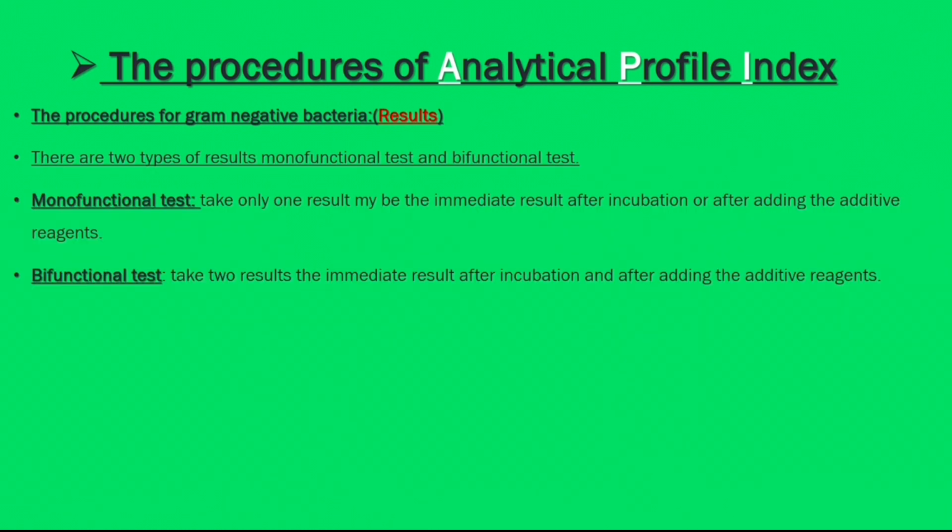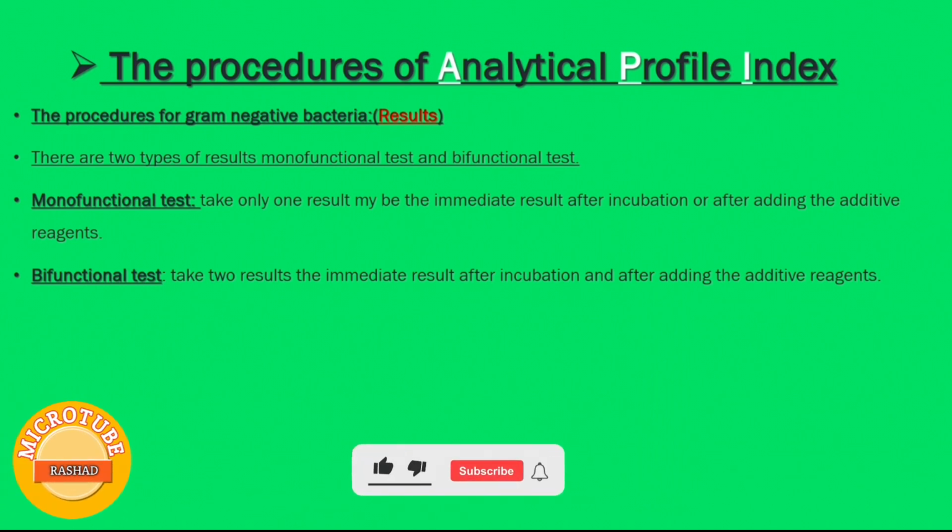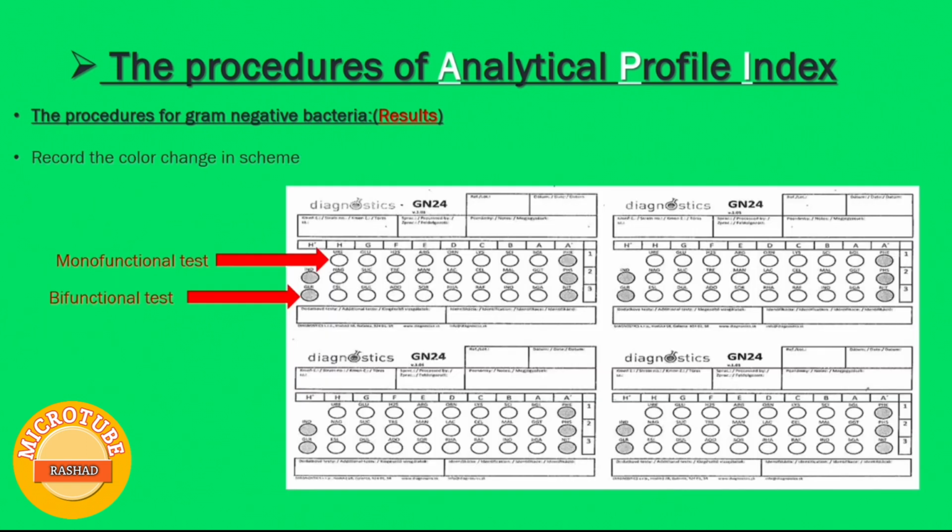There are 2 types of results, monofunctional test and bifunctional test. The monofunctional test means taking only one result, maybe the immediate result after incubation or after adding the additive reagents. Bifunctional test takes 2 results, the immediate result after incubation and after adding the additive reagents.